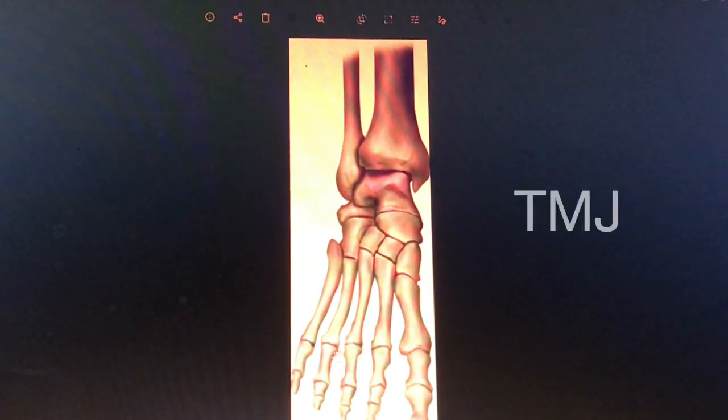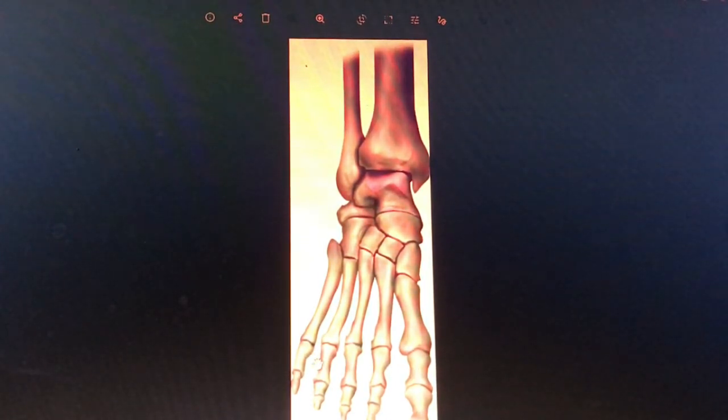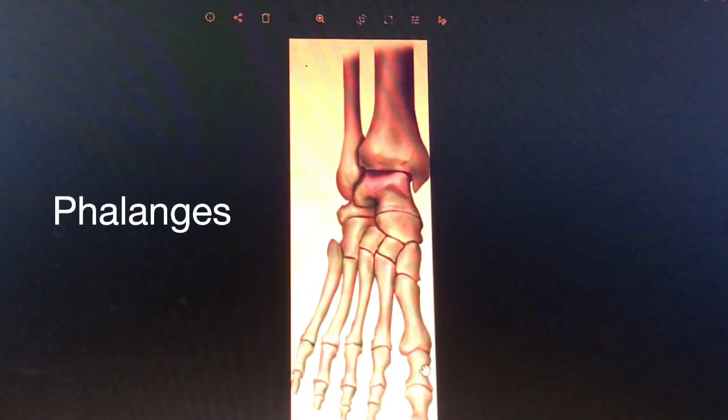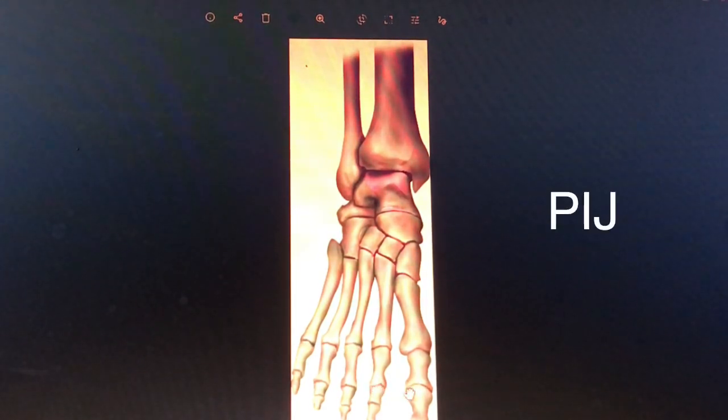Now we have the phalanges. So these are the phalanges. We have the proximal and the distal. So this is proximal bone and this is a distal bone. So we have interphalangeal joints. We have proximal interphalangeal joint here and distal interphalangeal joint.